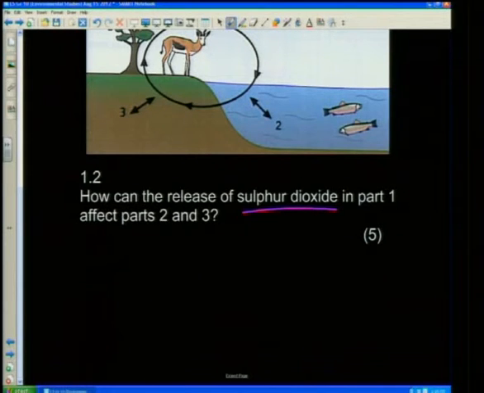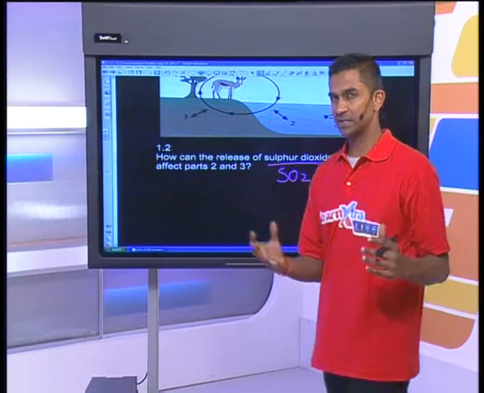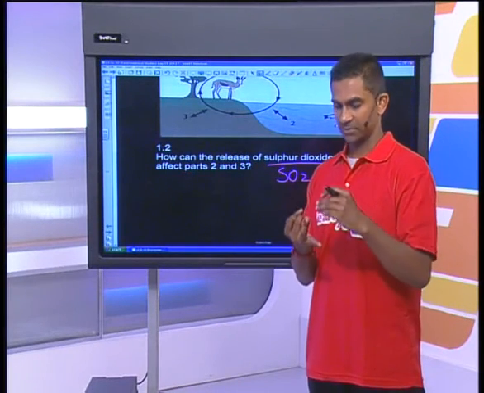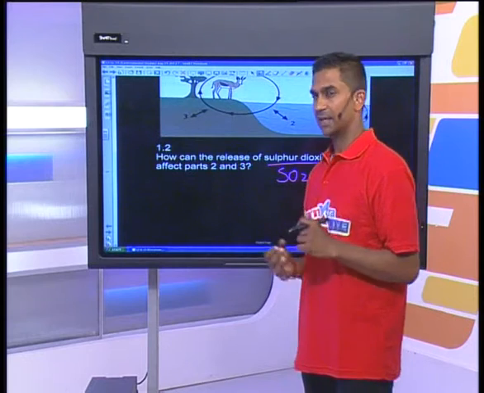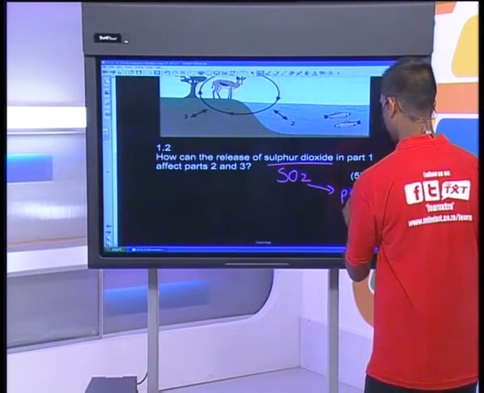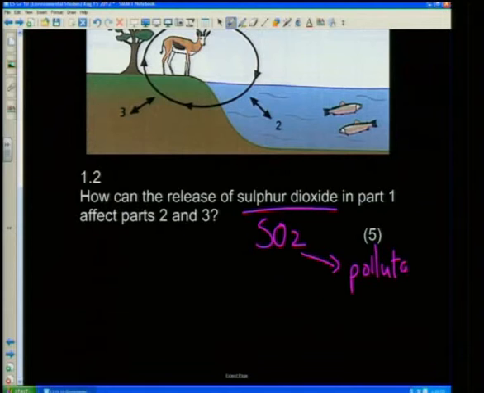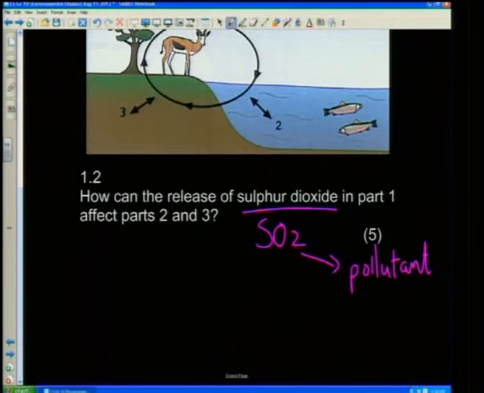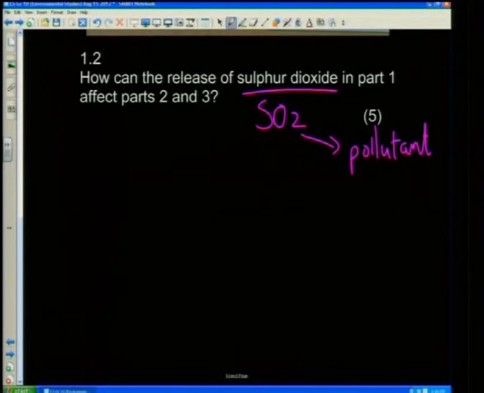So let's look at what sulfur dioxide is. Sulfur dioxide is a gas. Where's sulfur dioxide emitted from? It's emitted from your factories, it's emitted from car exhaust, and this is a pollutant. So it's a pollutant that pollutes the atmosphere. Sulfur dioxide will combine with water.